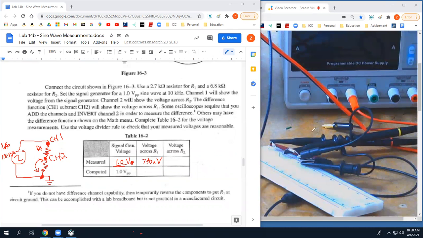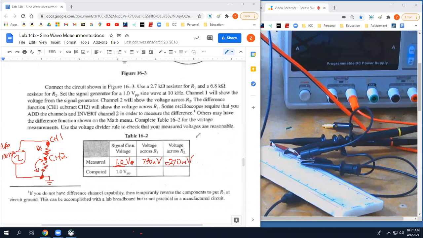So how many volts across R2 should it be? 270 millivolts? So it'd be 1,000 millivolts minus 730, 270 millivolts. Compute it. This is just Ohm's law.